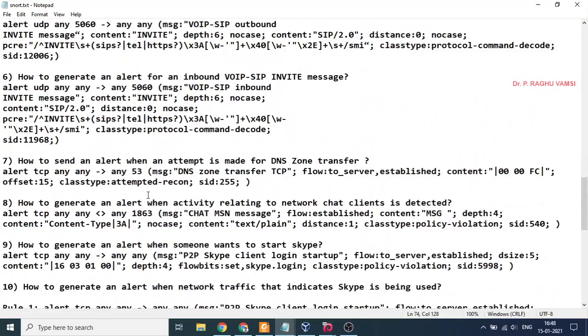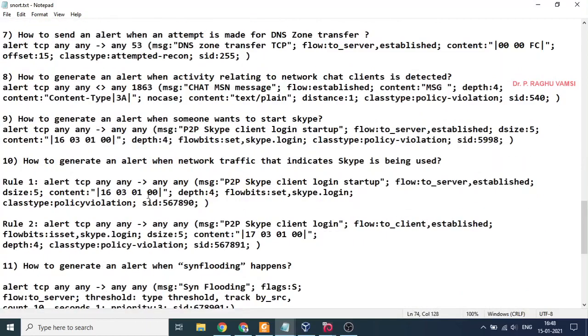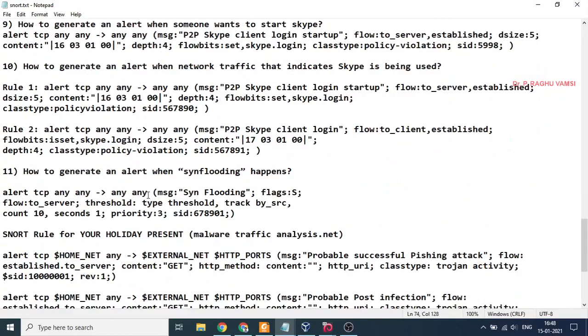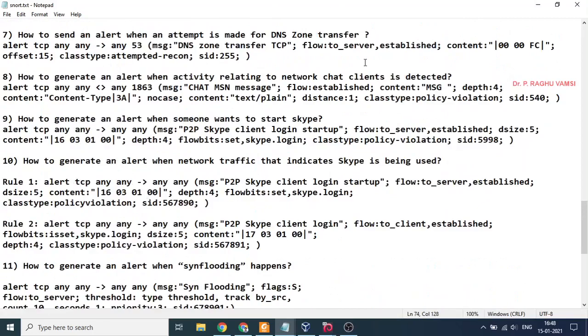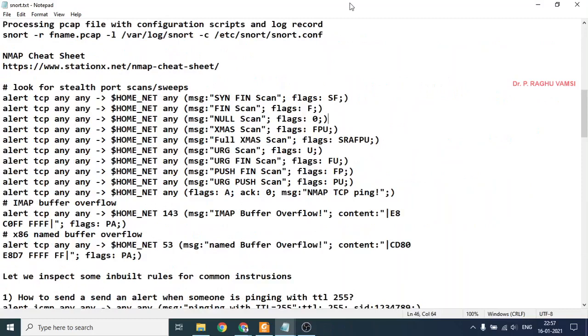Simply I am showing those rules here. And if you want only HTTP traffic to check, then you are supposed to write the inbuilt thing, like whether it is a TCP one or any other thing. So now it is necessary to understand the structure of these rules.